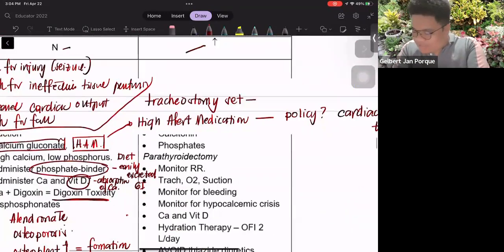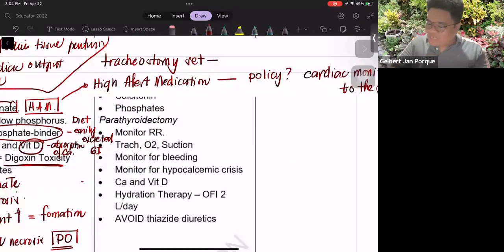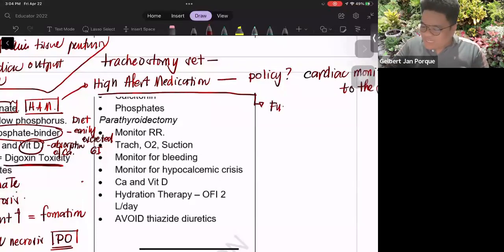So on the management, the first on the list is, okay, you have your diuretics, so your furosemide is there on the list. Then the next one on the list is your normal saline solution, your NSS for that matter.